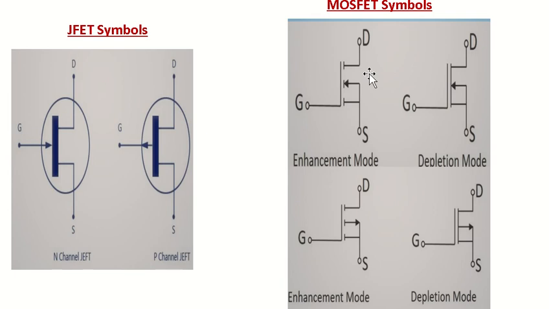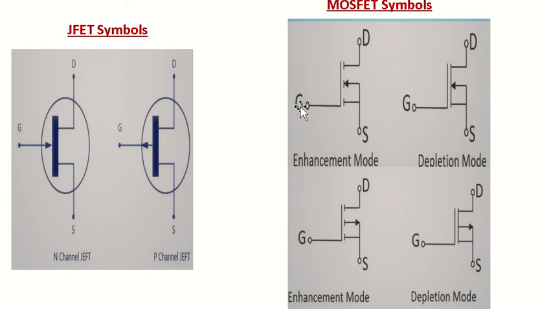Coming to the MOSFET symbol, presented on the right side, we can see the different modes. This is enhancement mode, and this is depletion mode. I have already given you an overview of enhancement and depletion, but as I said, I am conducting one more session and will definitely make the link available for the enhancement mode and depletion mode tutorial.